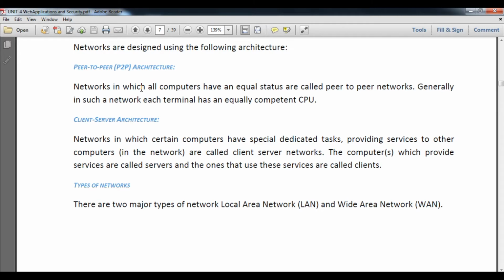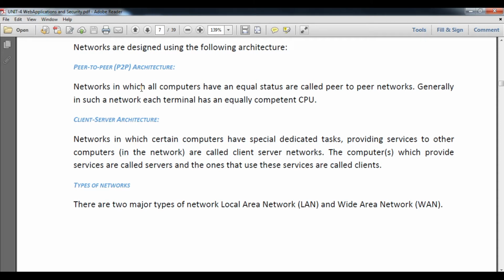There is no powerful computer among them; all computers have equivalent resources, the same type of hardware and the same capacity, and they connect normally. Like phone to phone: if you connect by mobile phone, say through Bluetooth, that is considered peer-to-peer architecture.